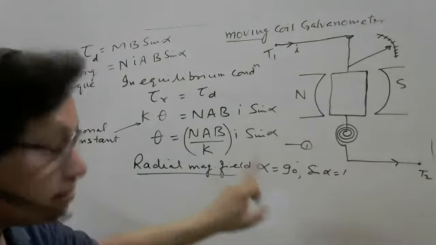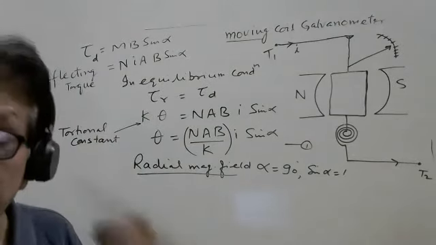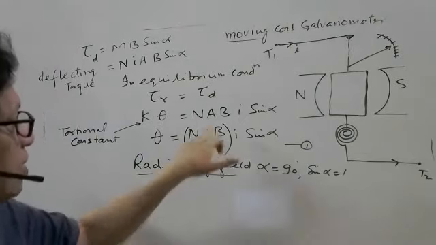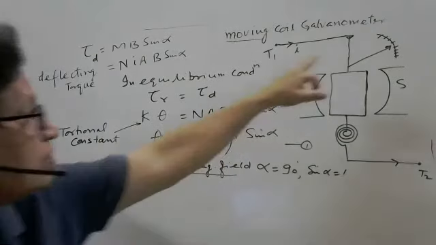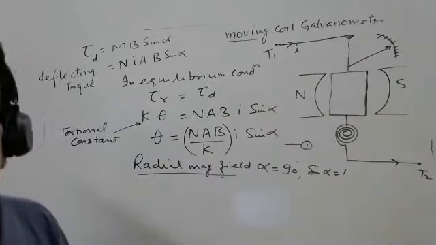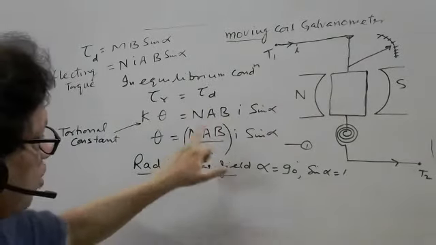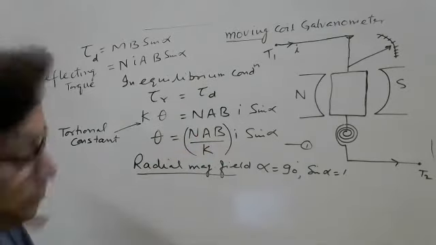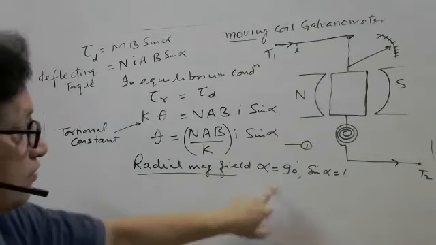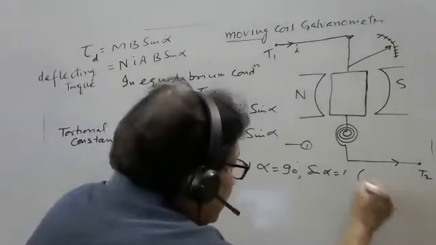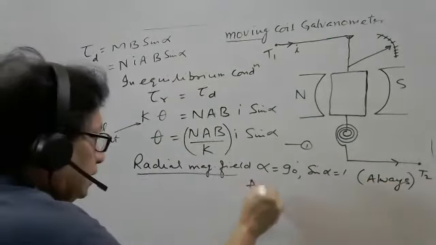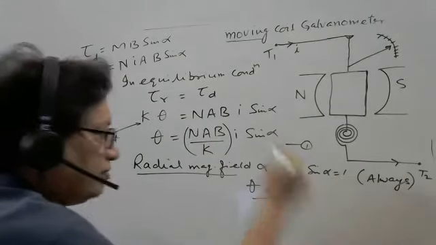So despite rotation, alpha is always 90 degrees. Now N is the number of turns, A is the area of cross section, B is the magnetic field, K is the torsional constant of the suspension wire. We'll discuss the properties of this suspension wire also. But these four things in the bracket are constant. By making the radial field, sin alpha is always one, constant. That is why theta is directly proportional to I, and now we are getting the uniformity.